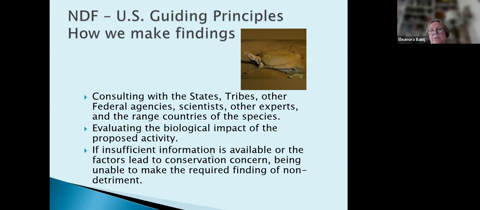If we have an incomplete application, it will take longer because we have to get that information in order to make our finding. So we try to consult with states, tribes, other federal agencies, scientists, other experts, and when appropriate, depending on the species, the range country of the species itself.